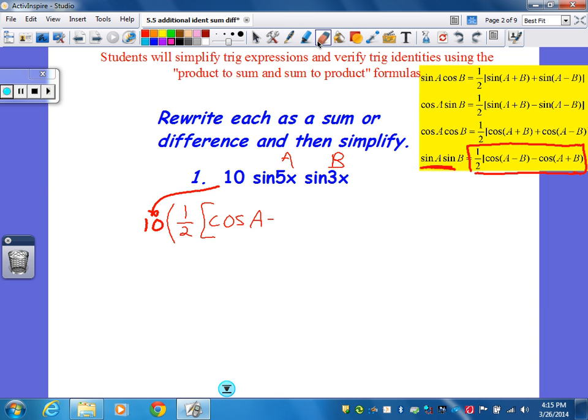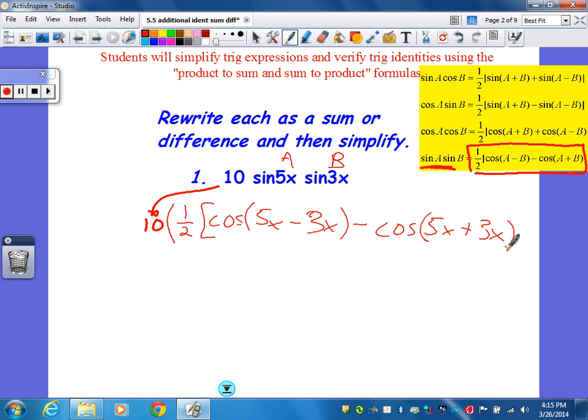So to skip a few steps and save some time, I'm going to have cosine of, put my parentheses, a minus b. And then next I have cosine a plus b, which is 5x plus 3x.